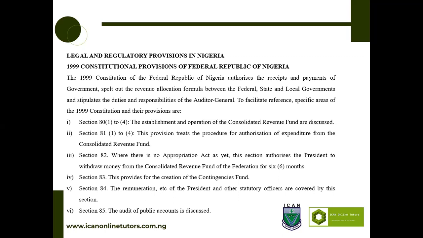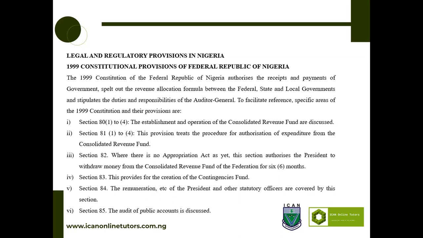We have Section 80, subsections 1 to 4, which stipulate the establishment and operation of the Consolidated Revenue Fund. Section 80, subsections 1 to 4, give a description of the establishment and operation of Consolidated Revenue Fund accounts.